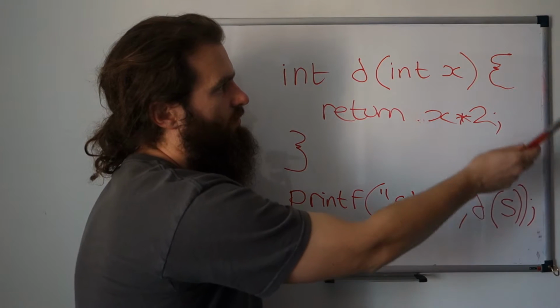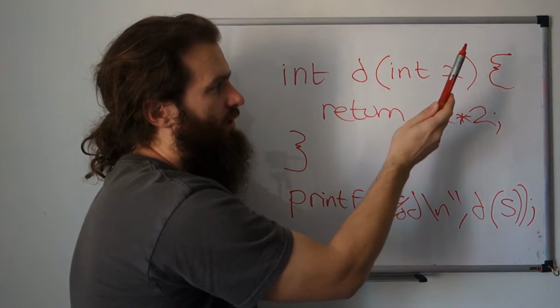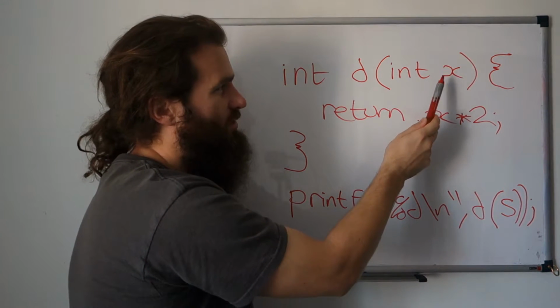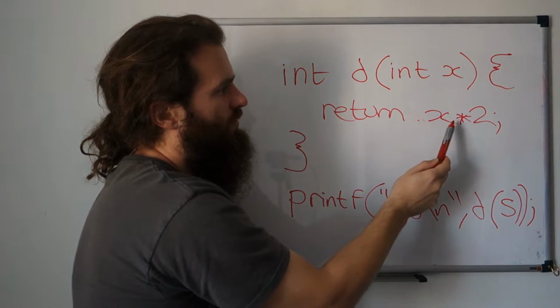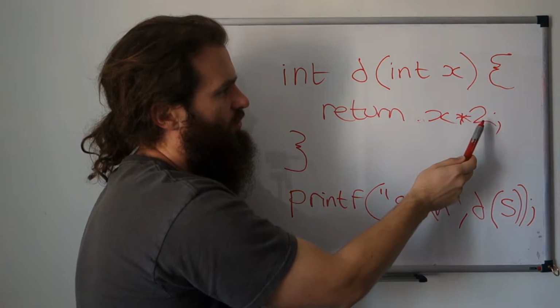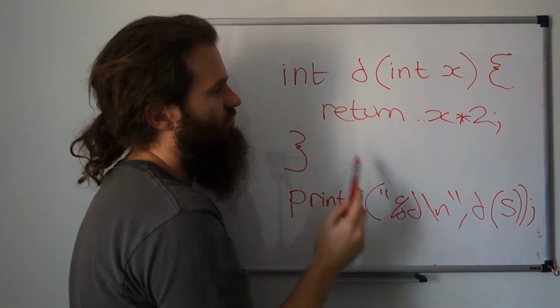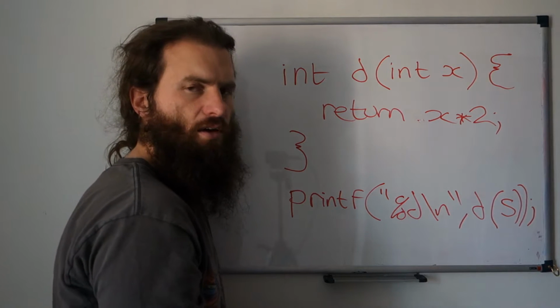The value 5 goes into the function, and now the variable x is bound to the value 5, so x has the value 5. This arithmetic is then performed, x times 2, to give the value 10, which is then returned, and that's an integer. So we get an integer value 10 here, which is then printed out.